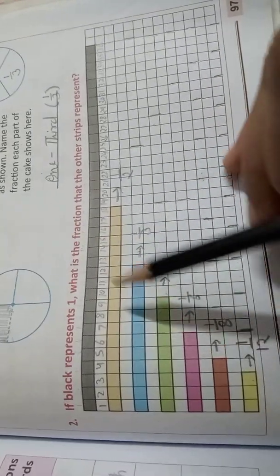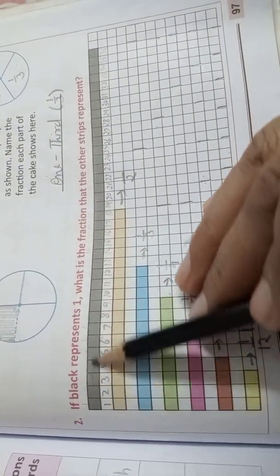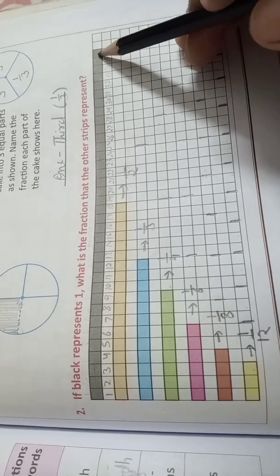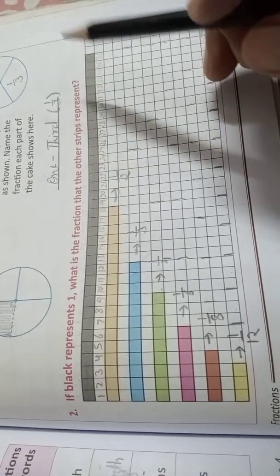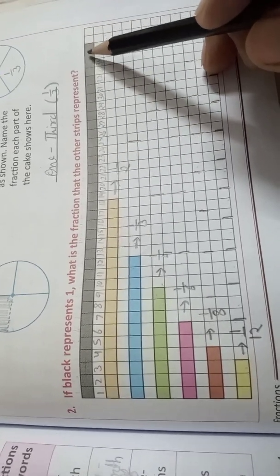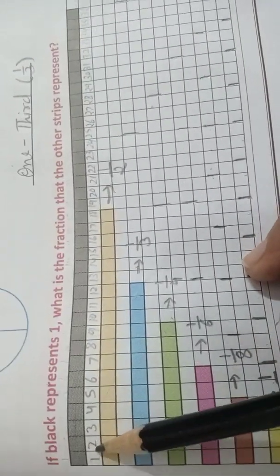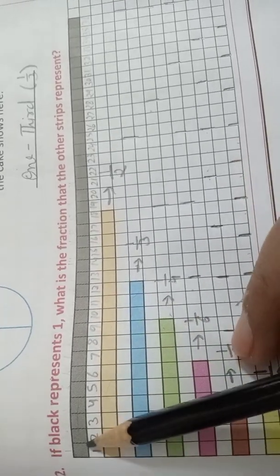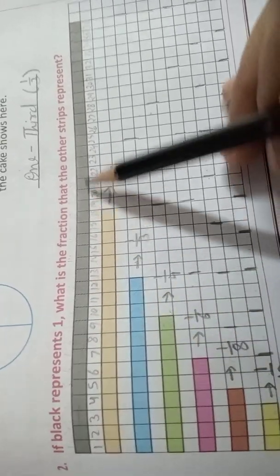Now they are saying this black strip represents the whole, or one. So what will the other strips represent? See here, I have written a few numbers in each block. In total it comes to 36.